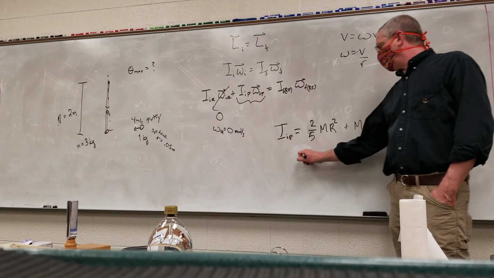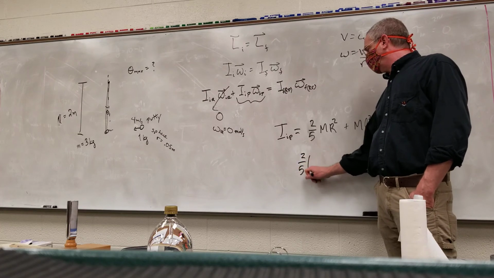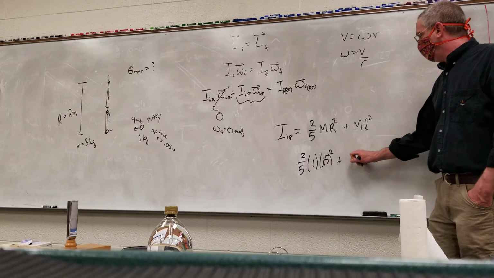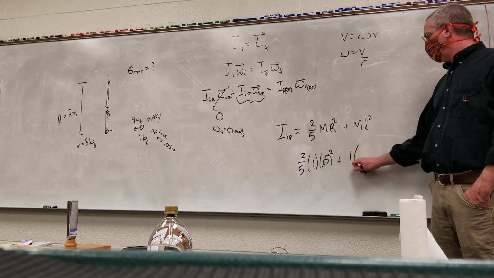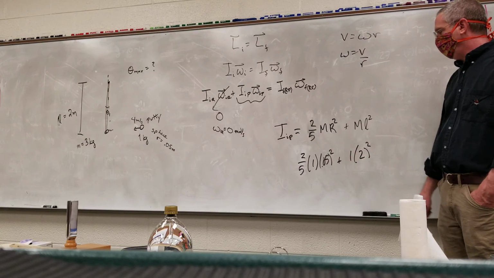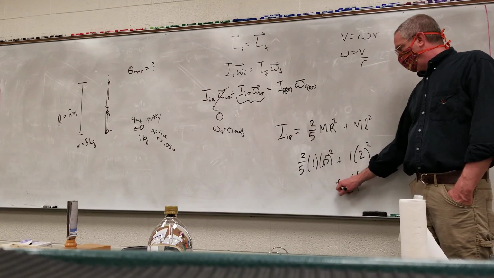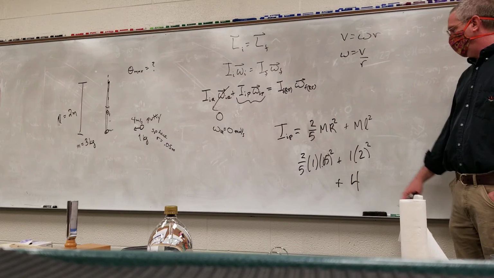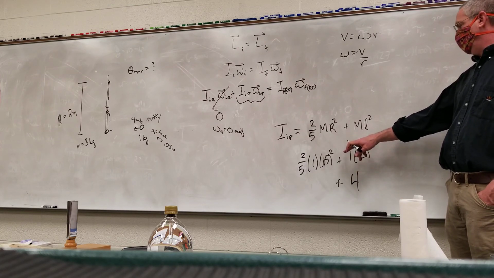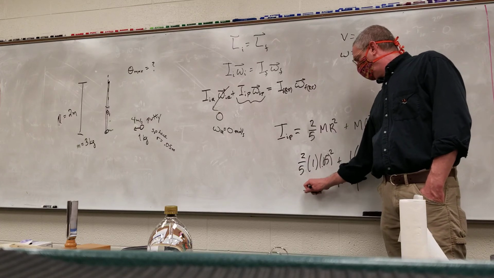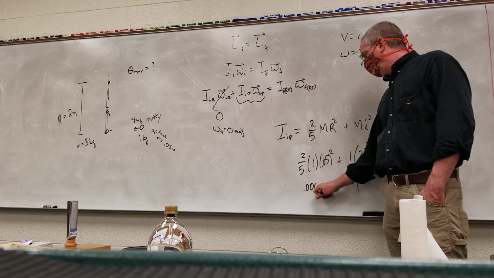So if I do a plug and chug here, I get 2/5 times 1 times 0.05 squared plus 1 times 2 squared. So that's 4. And this is 0.0025 times 0.4, 0.001.